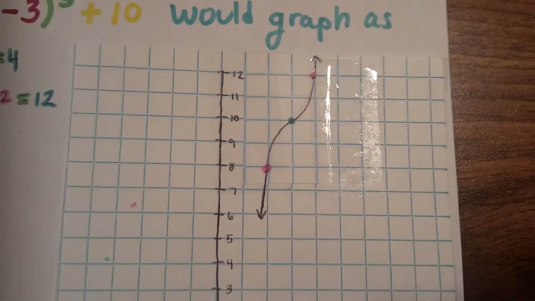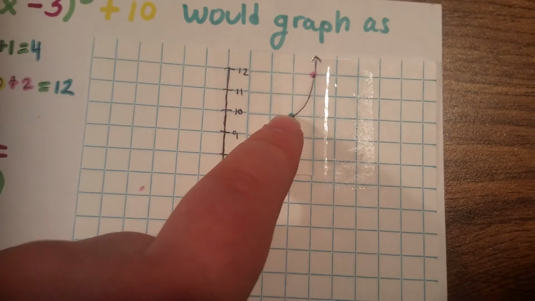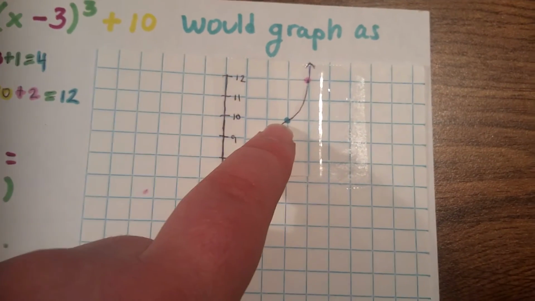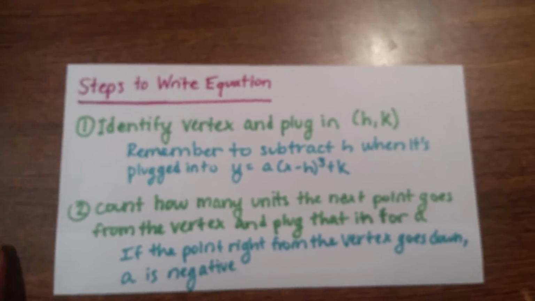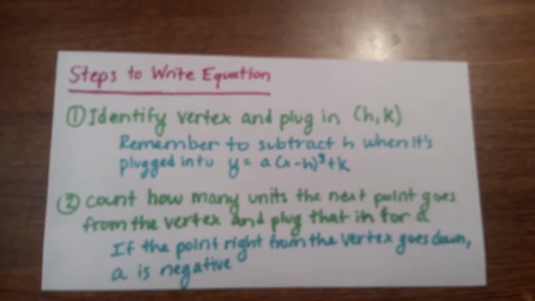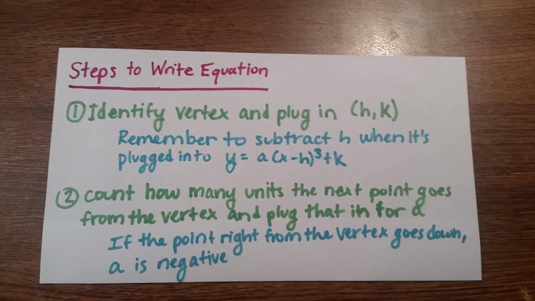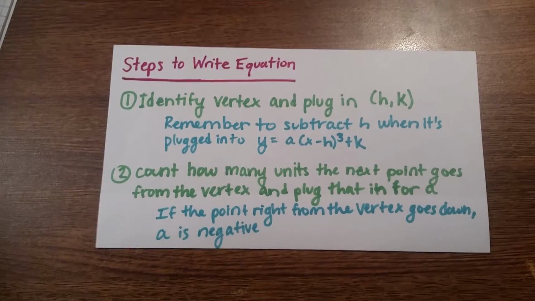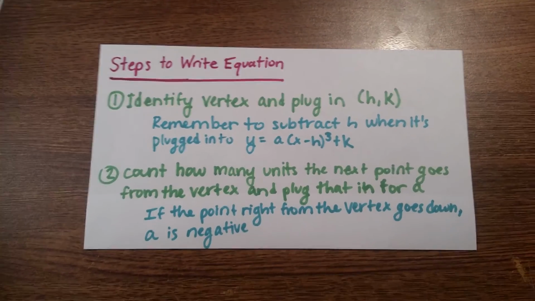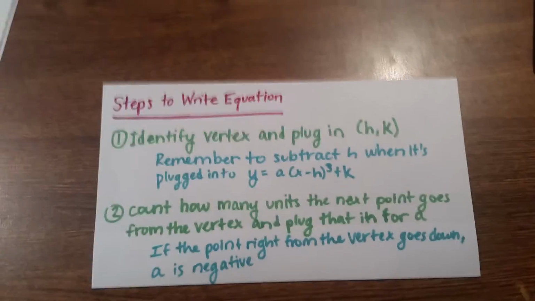And it's similar with this one. It goes up 2 from the vertex, so a equals 2. So that is how you write equations.